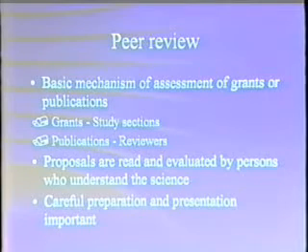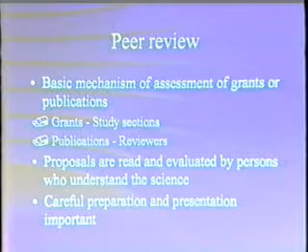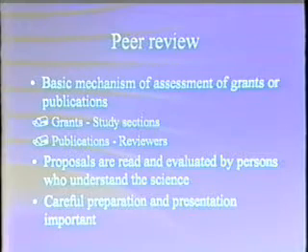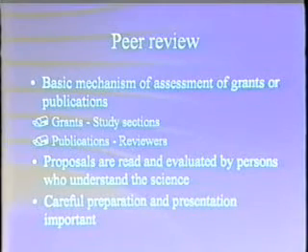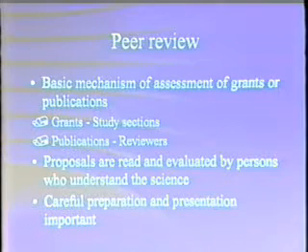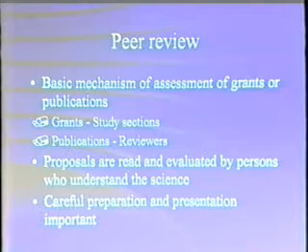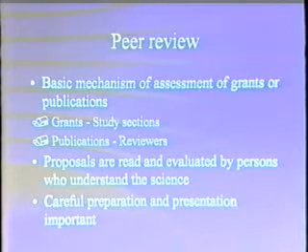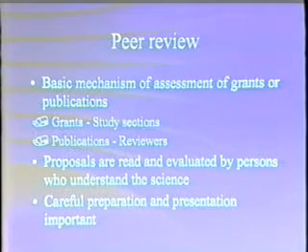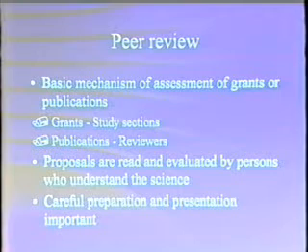The idea of peer review is that the people who read and evaluate these grant applications or manuscripts are people who know about the field in which the research is being proposed, so that they can knowledgeably evaluate what's being proposed and determine what is appropriate, what is not appropriate, what's feasible, what's not feasible.